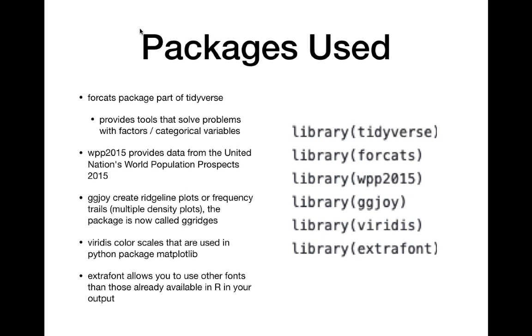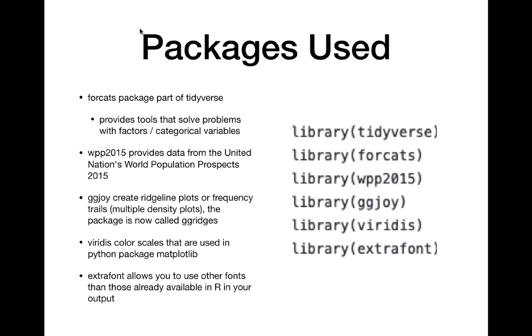He was kind enough to provide his code, and he downloaded a total of 6 packages. The first one is the tidyverse that we're all pretty familiar with. The next one is forcats, which, since he did this analysis in 2017, I'm not sure if forcats was part of the tidyverse at that point in time, but he called that particular package in his code.